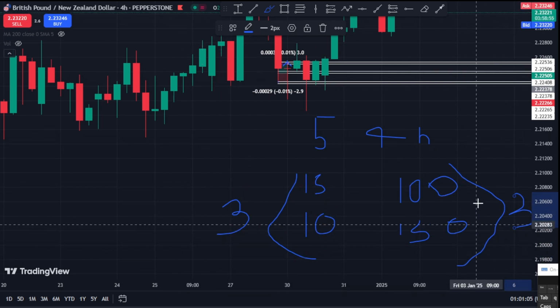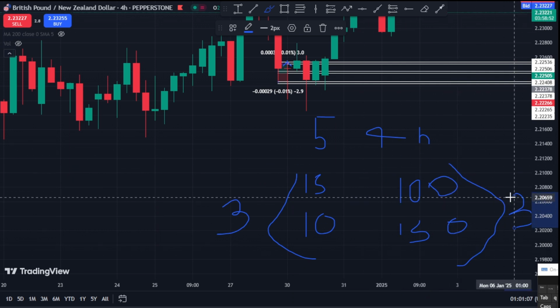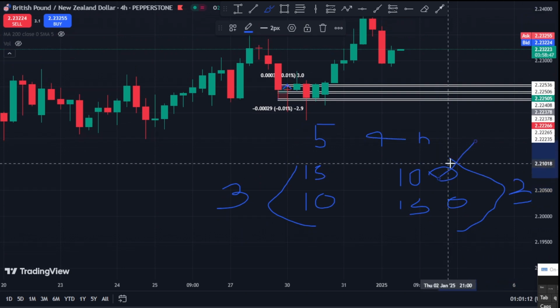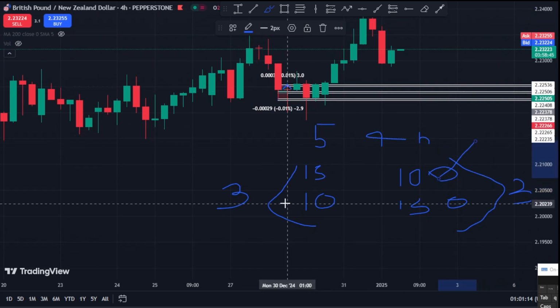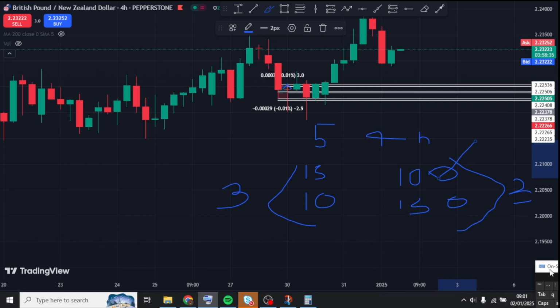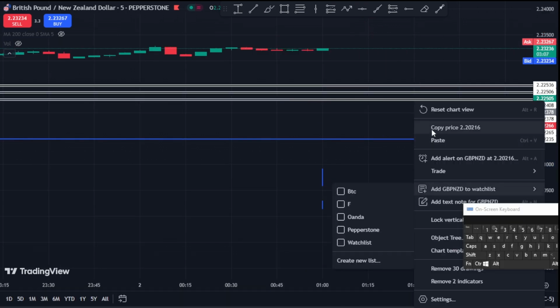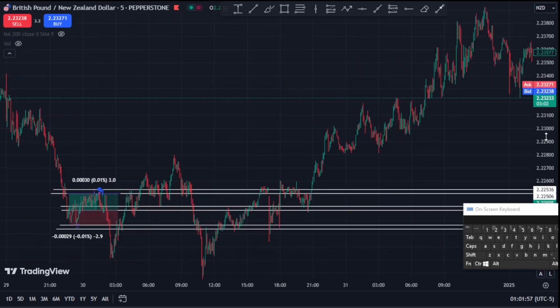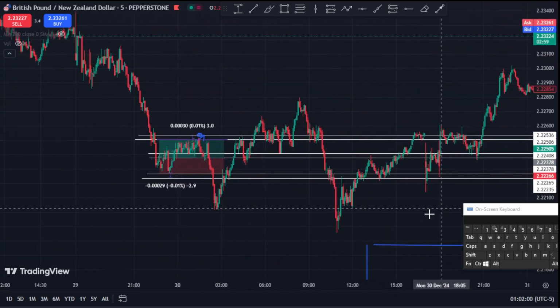If you're trading higher time frames and you're looking for 100 pips, 3 pips won't have a big effect on what you're doing. So that is another way of going around spread: trading the higher time frames so that it doesn't have a big effect on your trading. So coming back to our 5 minutes, this is our trade.